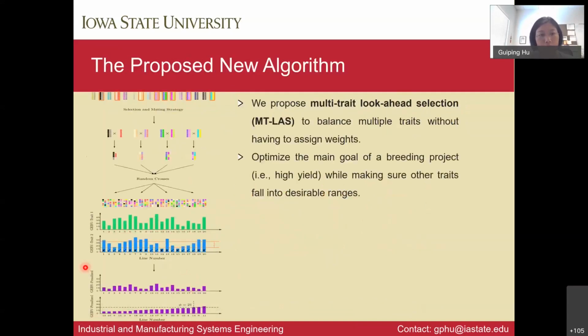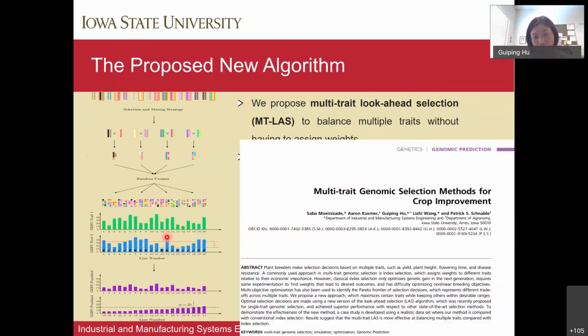This is all on the simulation platform. We designed algorithms that can look at a variety of scenarios. For example, if you are focusing on a certain trait and trying to maintain some other trait within a range, or you're trying to make sure it is below or above a certain range. This paper has also been published in Genetics.